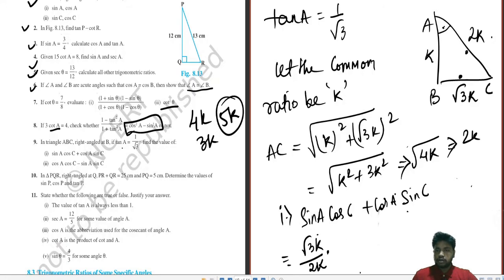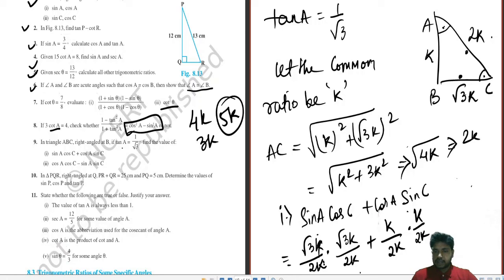into cos C. This is your part of the angle. So cos will be this by this, same again. That is root 3K by 2K, plus cos A. From here you can see this will be K by 2K, base by hypotenuse, and sin C will be perpendicular by hypotenuse, K by 2K.